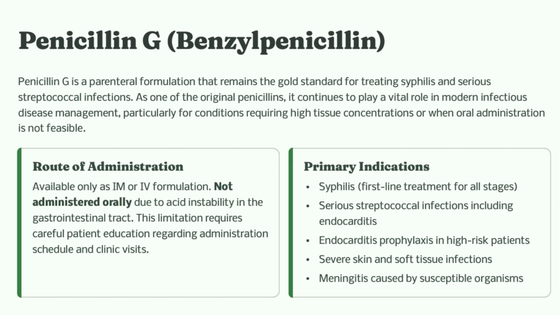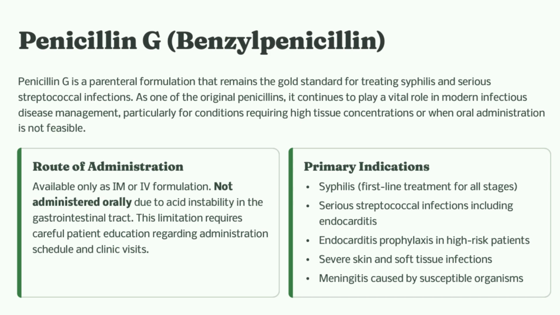Meningitis: Penicillin G can treat meningitis caused by pneumococcus or meningococcus, because in high doses it can reach the cerebrospinal fluid, CSF, and fight the bacteria in the brain and spinal cord. So in short, Penicillin G is the go-to antibiotic for some very serious bacterial infections, including syphilis, severe strep infection, certain skin infection, and some types of meningitis.